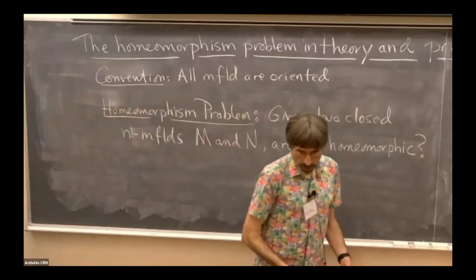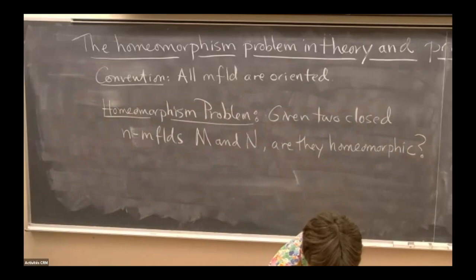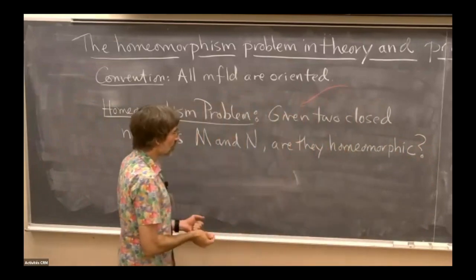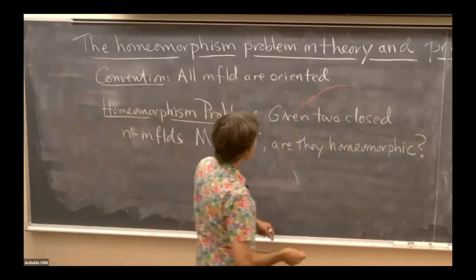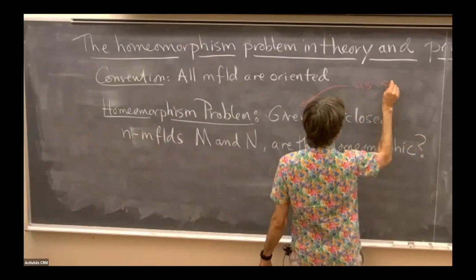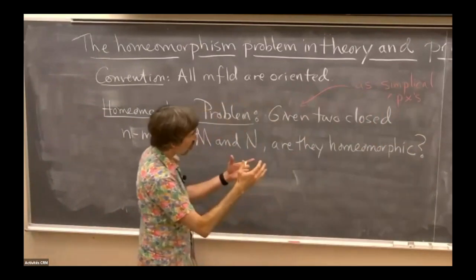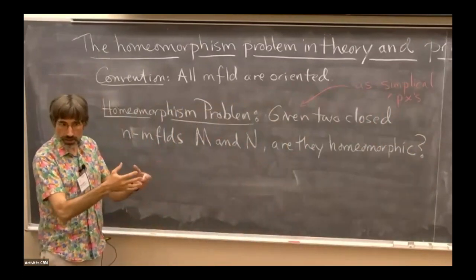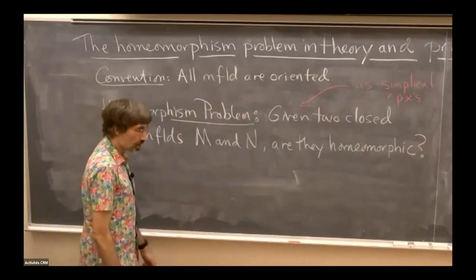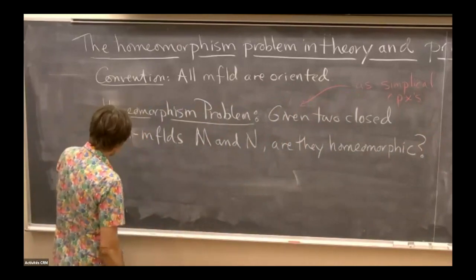And what do I mean by given here? This is supposed to be a computational, algorithmic question. So given is going to mean, for example, as simplicial complexes. Somebody hands you a finite bunch of tetrahedra glued together, two of them, and asks you, are they the same manifold?